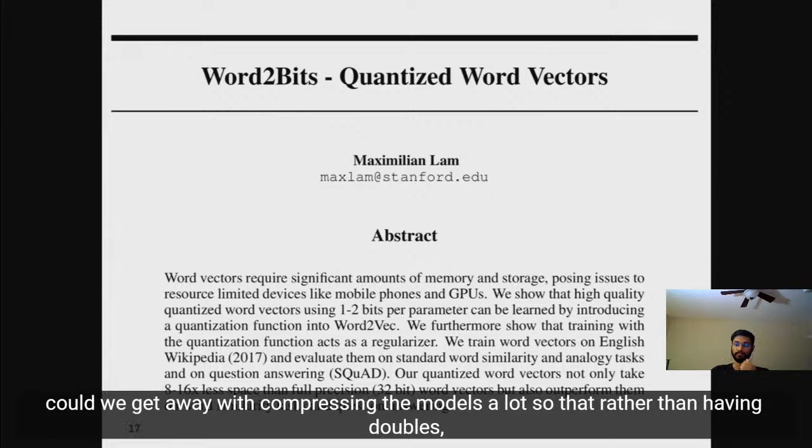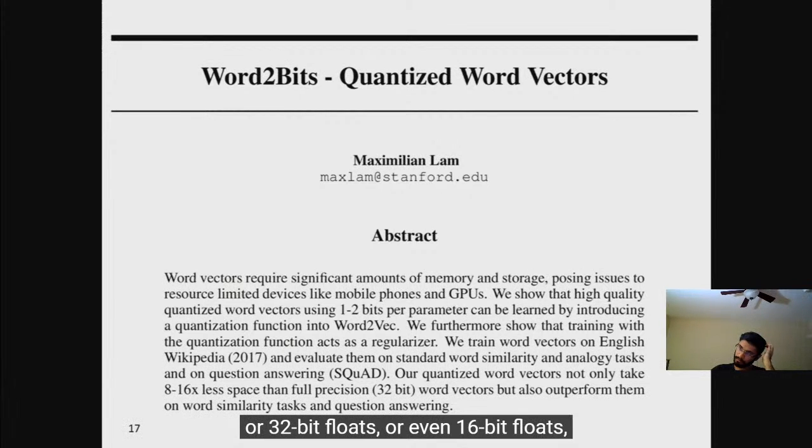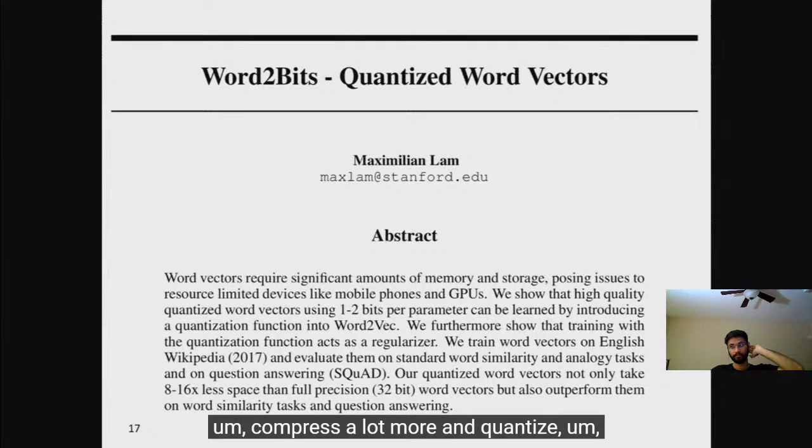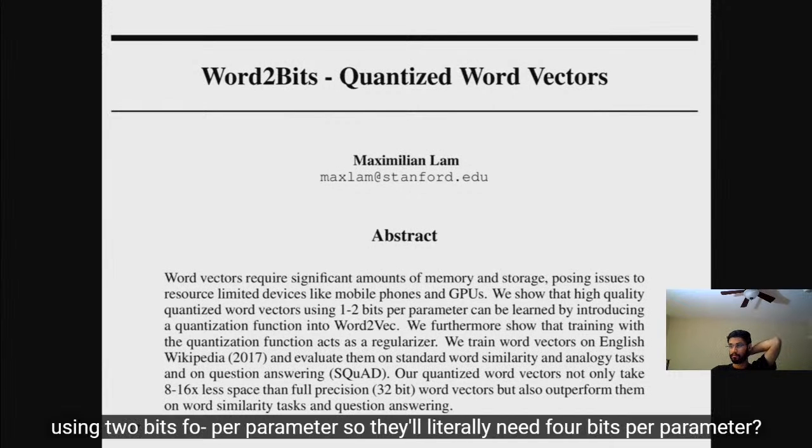Could we get away with compressing the models a lot, so that rather than having doubles or 32-bit floats, or even 16-bit floats, which are now used quite a bit in neural networks, we could quantize our numeric values so that we were using, say, only 4 bits per parameter?